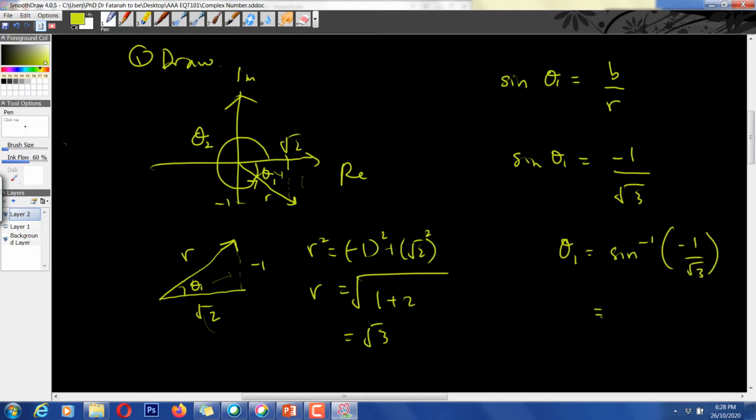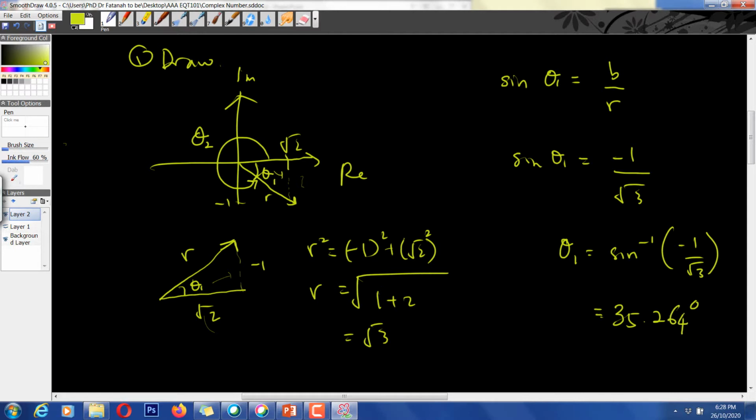You put it in the calculator: shift sin, fraction 1 over square root 3. You can eliminate the negative first. So what we have is 35.264.